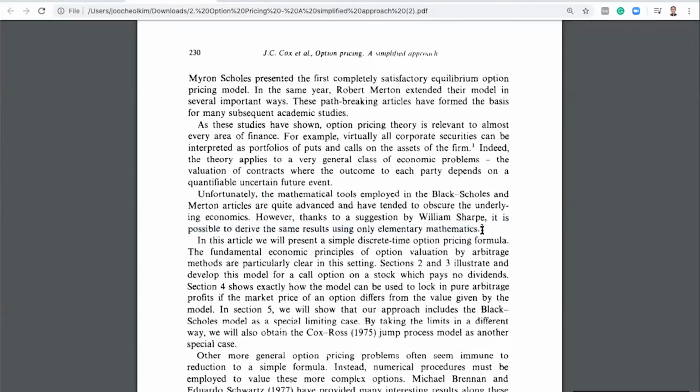So I'm going to use their elementary mathematics, but as you read on, you can realize that this is not just elementary. At the end of the paper, it's quite advanced, but up to the middle of the paper it is actually elementary. You only need some plus and minus, multiplication, division, and some log and exponential, that kind of thing is enough.